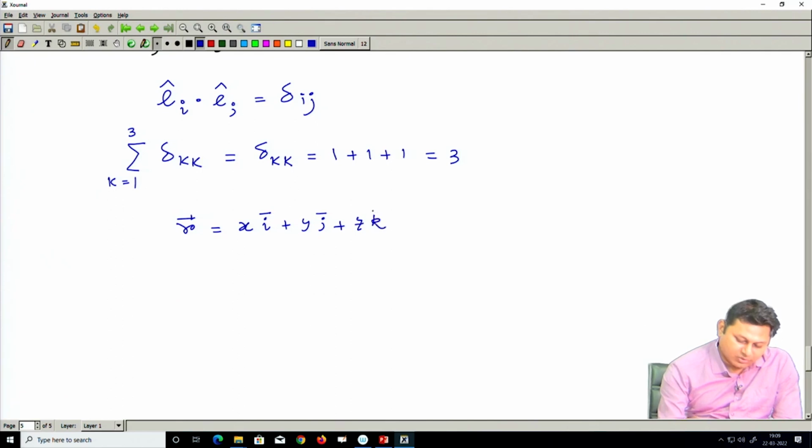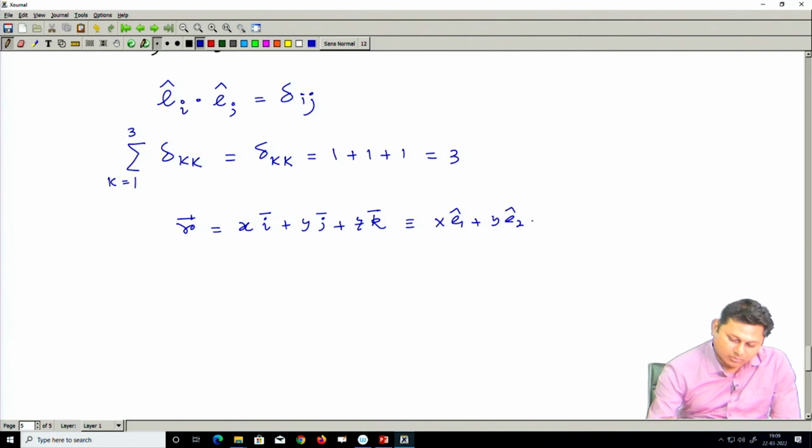This is the way we normally define it, but you can also define it in a general way like x e1 plus y e2 plus z e3, where e1 e2 e3 are the unit vectors. The same thing as i j k, just a difference in notation, but the things are the same.